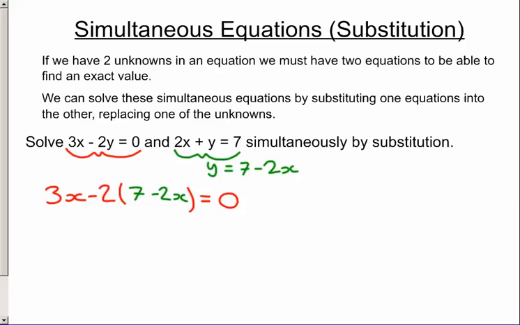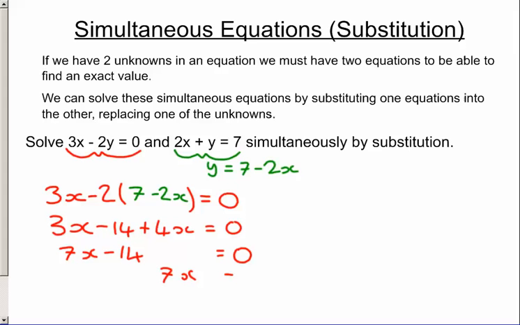Again, now we can solve it because we only have x. So we have 3x minus 2 times 7 is minus 14, minus 2 times minus 2x is plus 4x equals 0. So we get 7x minus 14 equals 0, or 7x equals 14, so x equals 2.